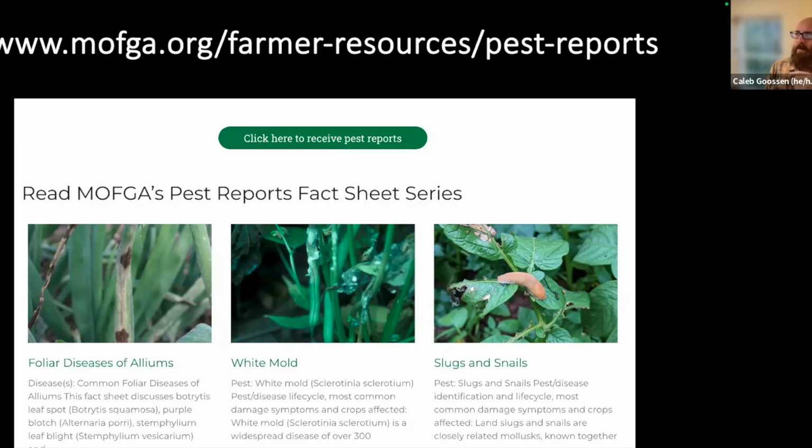The idea being that you just need to know what's around. You need to be able to identify things. You don't need to know all of it, but what do you see? If you're growing a lot of squash and cucumbers, know the big pests. Know what a squash bug looks like, cucumber beetle, squash vine borer, and that's about it.